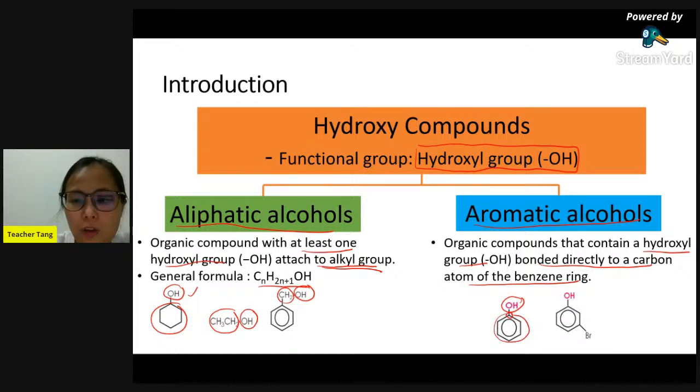This is also aromatic alcohol because the hydroxyl group is attached directly to the carbon of the benzene ring. So these two are examples of aromatic alcohol. Again, hydroxy compounds have two types: aliphatic alcohol, with the hydroxyl group attached to the alkyl group, and aromatic alcohol, with the hydroxyl group attached to the carbon of the benzene ring.